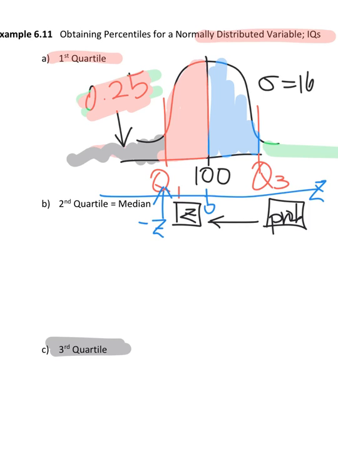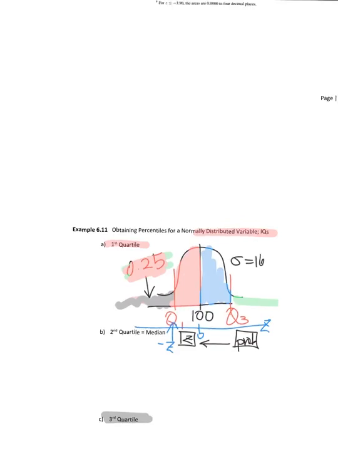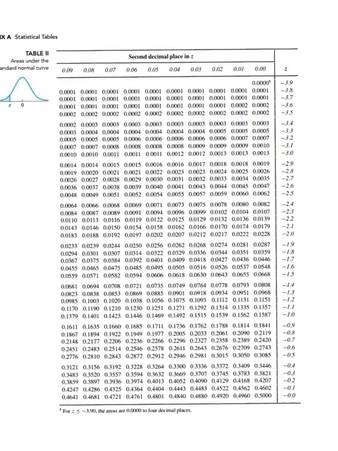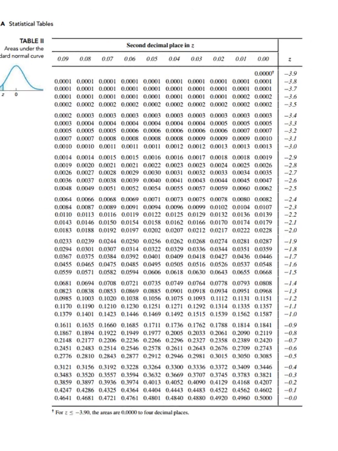Why do I ask? Because we had 2 pages, one for negative z-score, one for positive z-score, so you have to choose either page. Now we need a negative one, so let me go to the negative page.